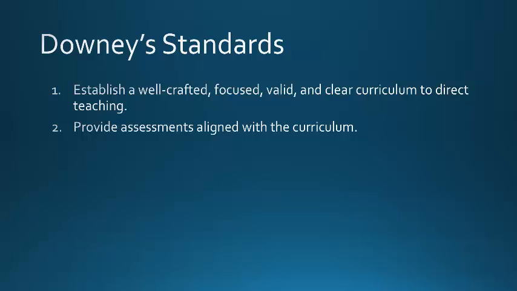Because if we've been assessing our students through common assessments along the way, or whatever assessments we're using, if they're aligned to the tested curriculum, then there will be no surprises once the students get there, not only in format, but in content as well.